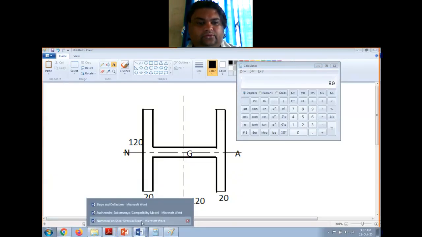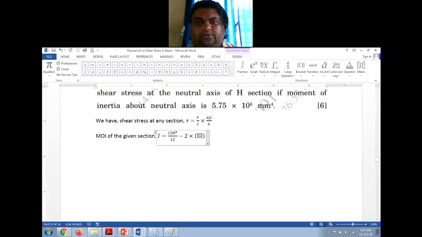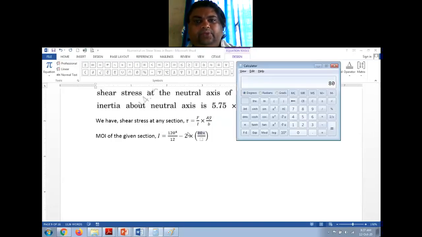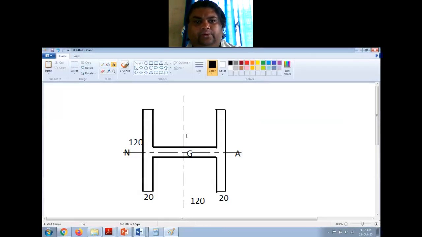So again it is b d cube by 12. So b is 80 into d cube. Now what is the depth here? See, from the neutral axis till here it is 120 by 2, that is 60, and this is also 20 mm.